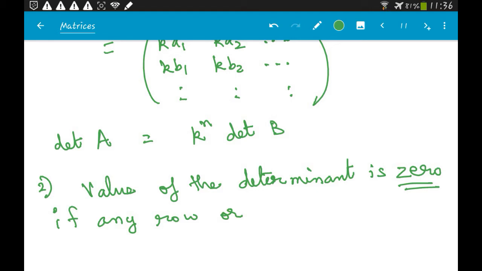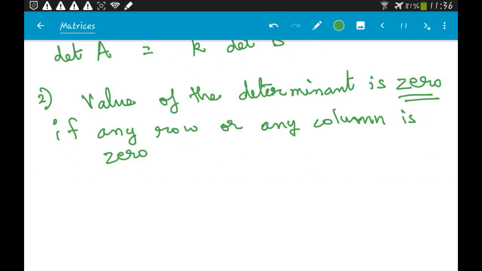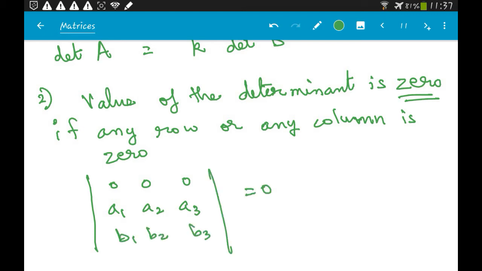So for example, the value of the determinant with rows 0, 0, 0, A1, A2, A3, B1, B2, B3 is 0.